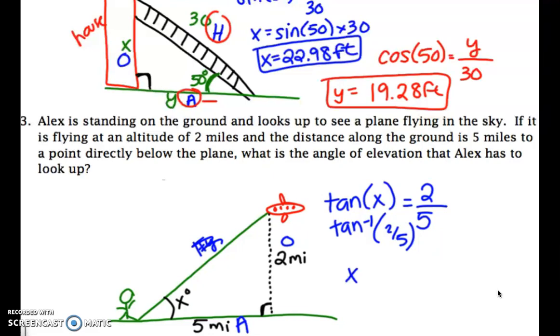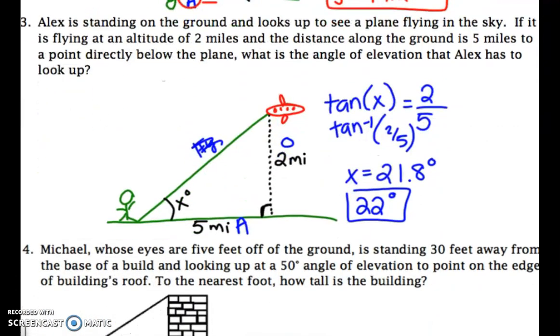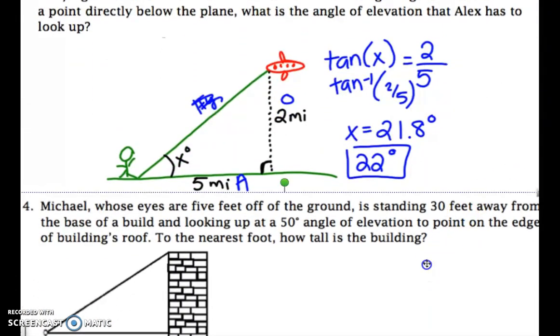You would get 21.8 degrees, and so we're going to round that to 22 degrees since it's a degree. So Alex is going to have to look up 22 degrees to see that plane flying in the air. Okay? All right. We're going to do one more angle of elevation problem, and then we'll move on to depression.